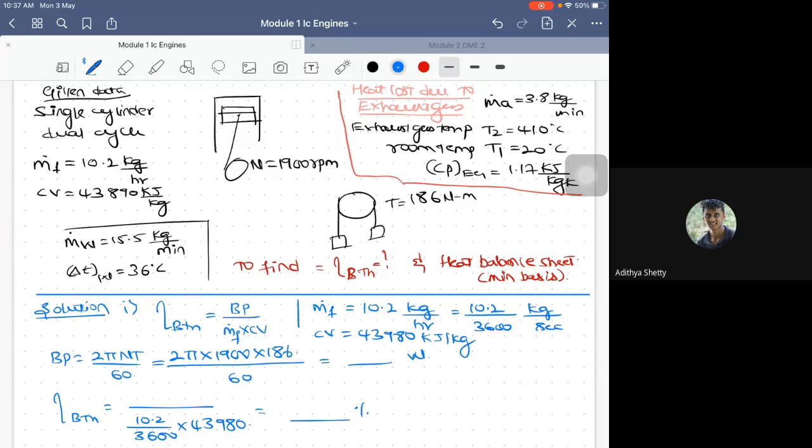37 kilowatt BP, sir. Okay, it's 37 kilowatts. Just check the answer. Substitute 37 here in kilowatts. So give me the percentage.